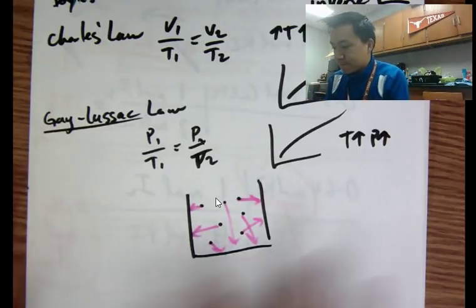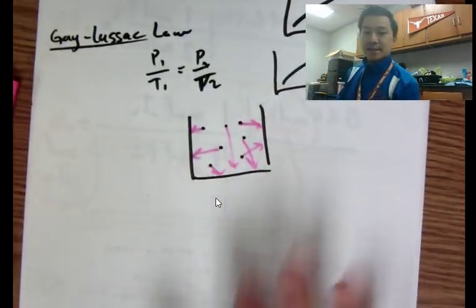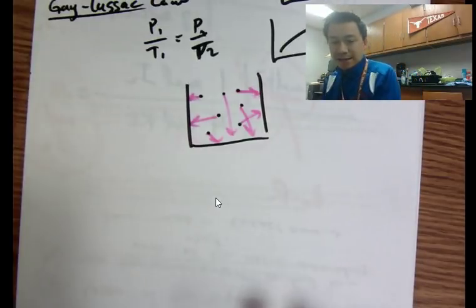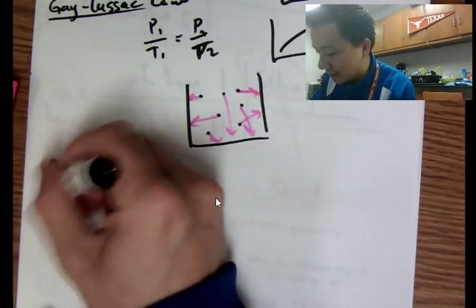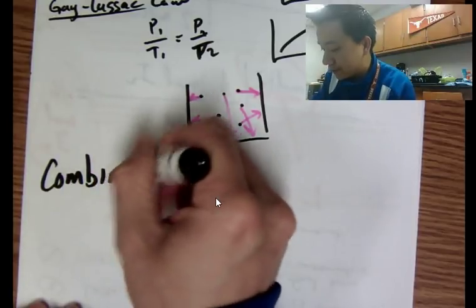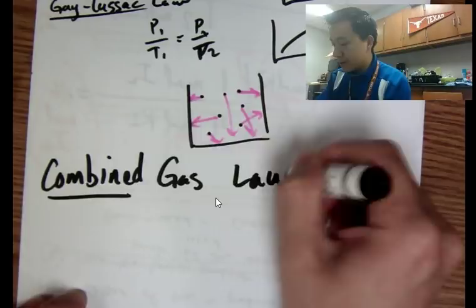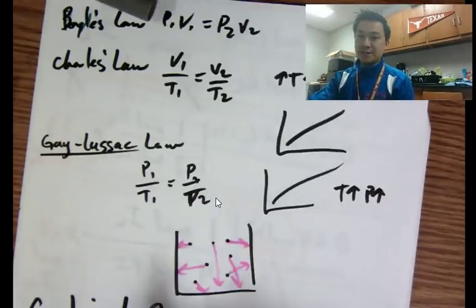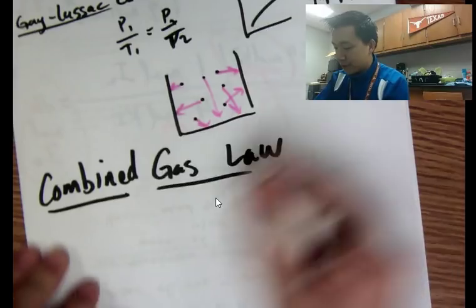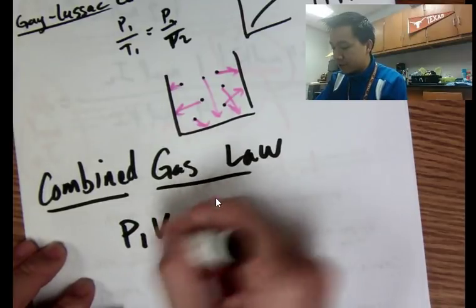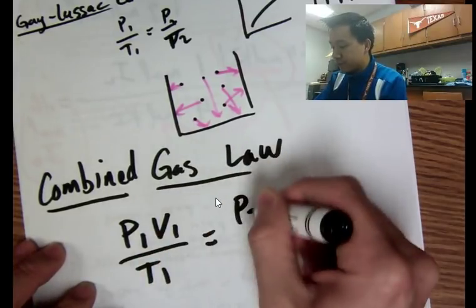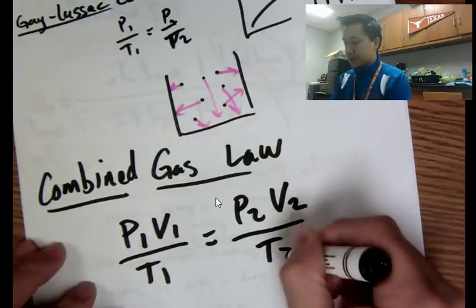All right. And so today what we'll talk about is something called the combined gas law. What do you think that means? That means we combine all three of these. In other words, it's P1 V1 over T1 equals P2 V2 over T2.